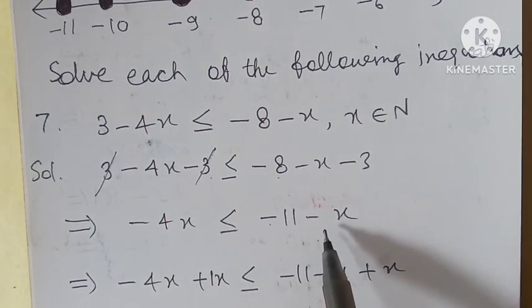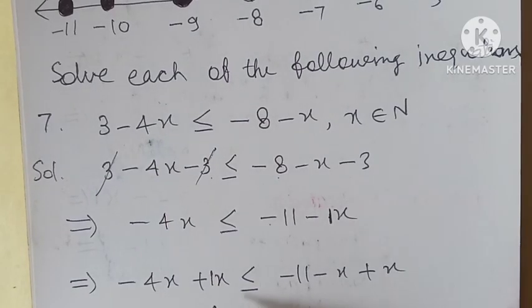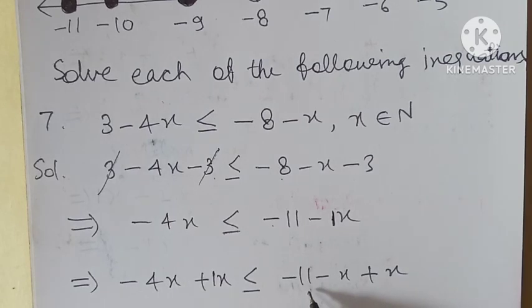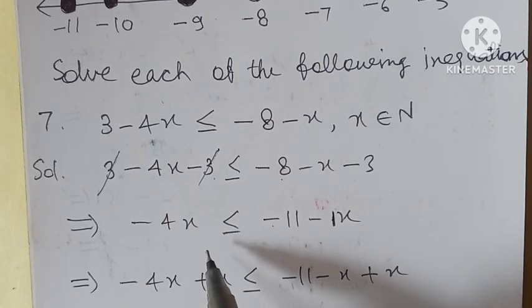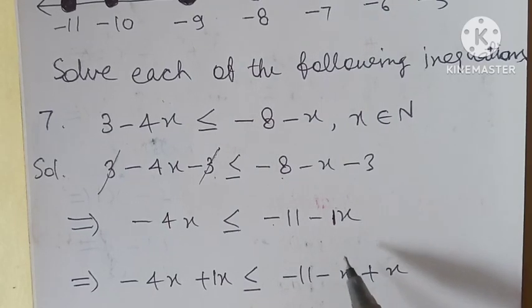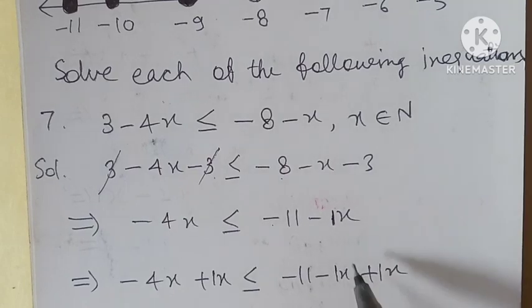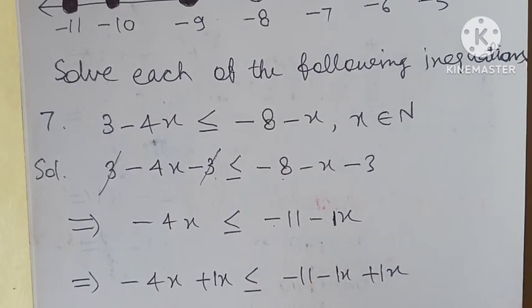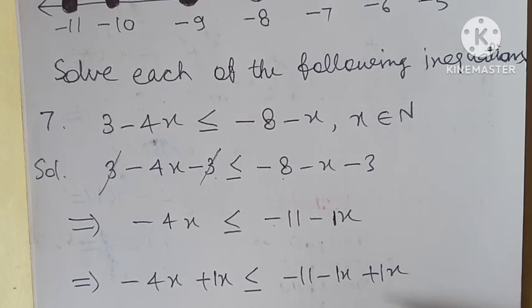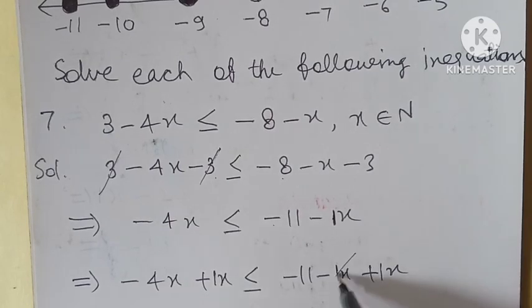Now we put terms containing x together. So we have -4x. This -x goes to LHS, so it becomes +1x, which is less than or equal to, or we can add 1x on both sides, so that we put terms containing x together.